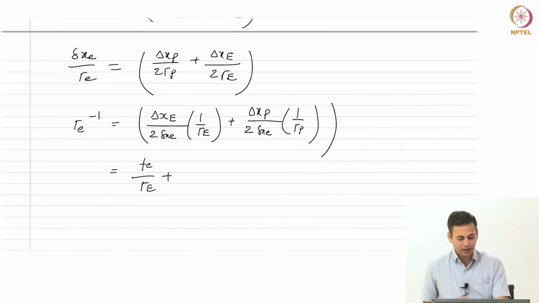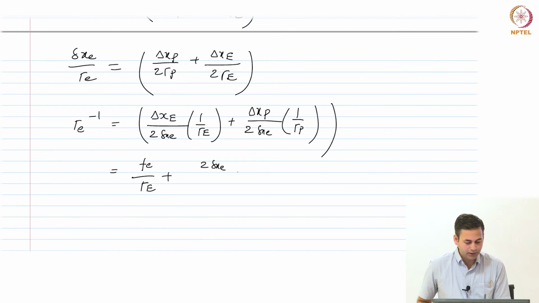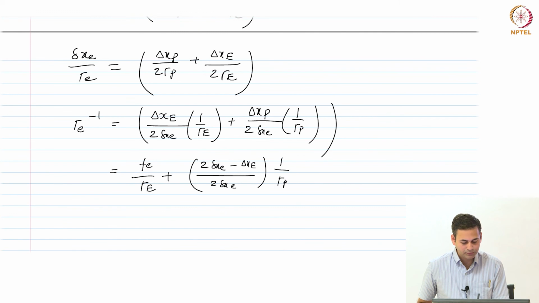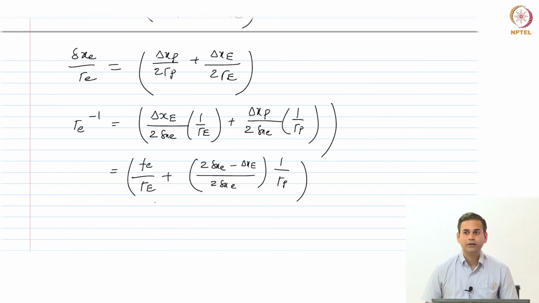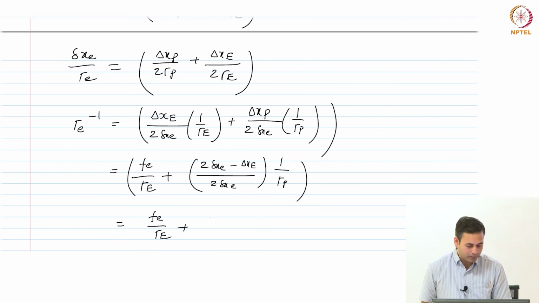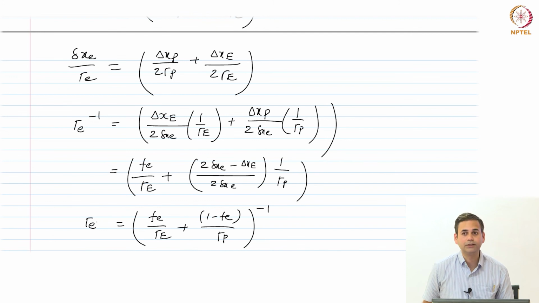So that means I can write this as 2 times delta XE minus delta XE upon 2 times delta XE. Can I do this? Right, I can do that. So this is nothing but FE by gamma E plus 1 minus FE by gamma P, with a minus 1 as the power, which is my gamma little e.